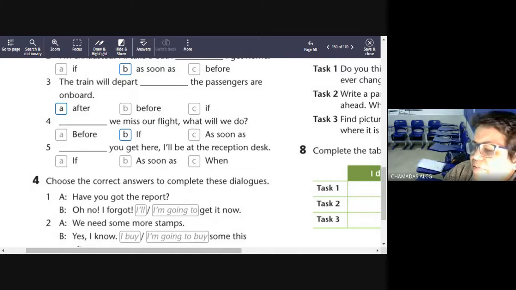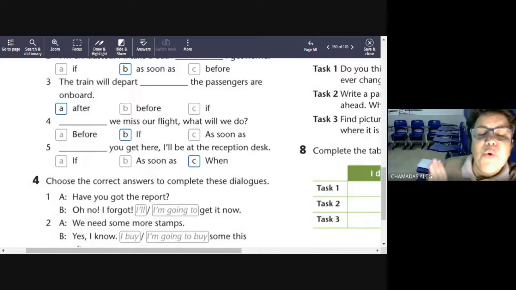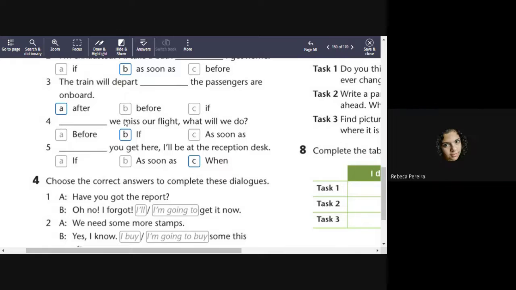What do you think? If you said letter C, you were right. When you get there or when you get here, I'll be at the reception desk. So this is something that will be true or will happen at a specific time in the future. Okay?